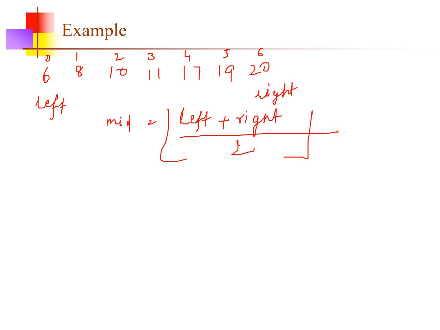So in the first case, suppose the data I want to search is 19. So my data is 19 and the number of elements is 7 here, right? So I want to search 19.